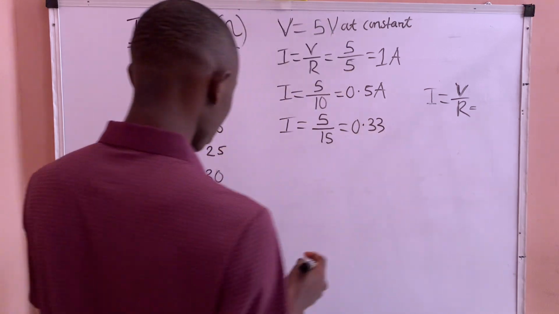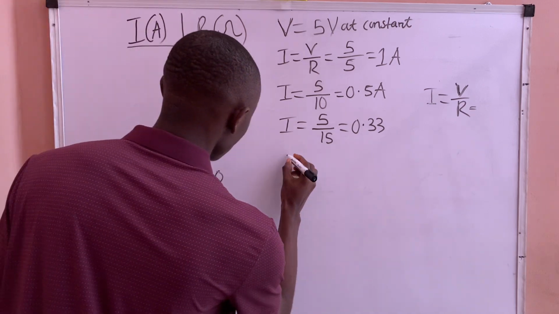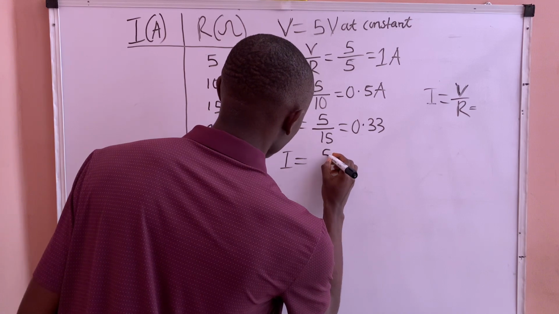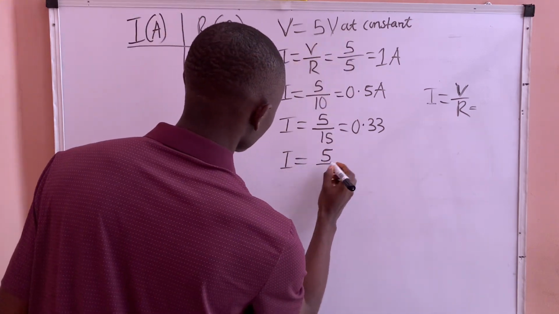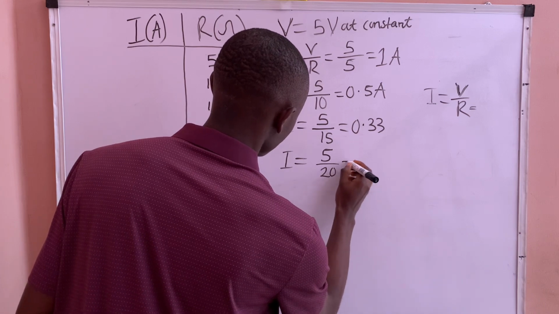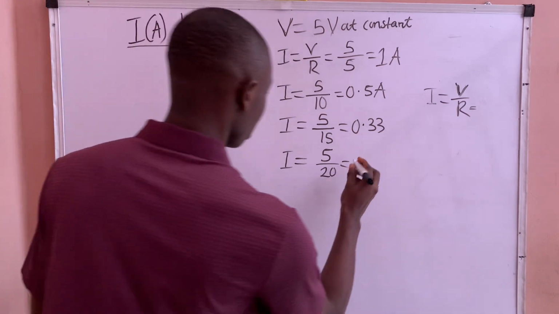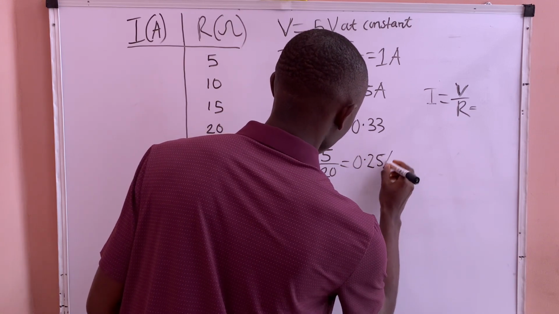So 5 divided by 15 will give us 0.33. Are you seeing? For the fourth one, when resistance is increased to 20, remember our constant value here is voltage, which is 5 volts, divided by 20, the value of the resistance. So 5 divided by 20 will give us 0.25 amps.